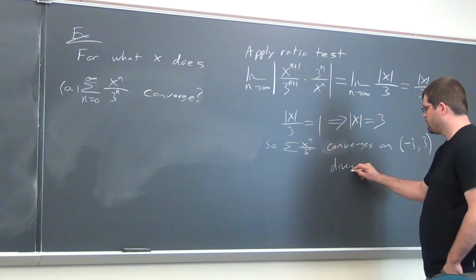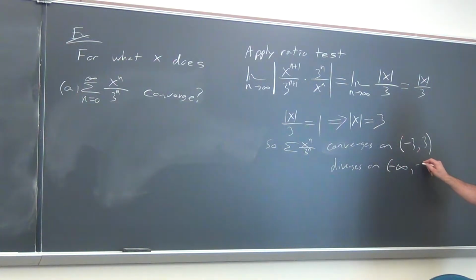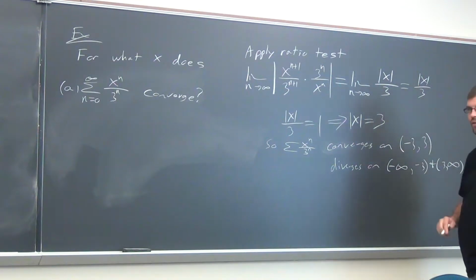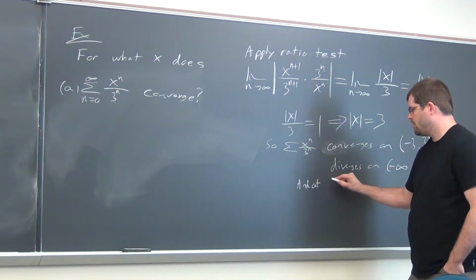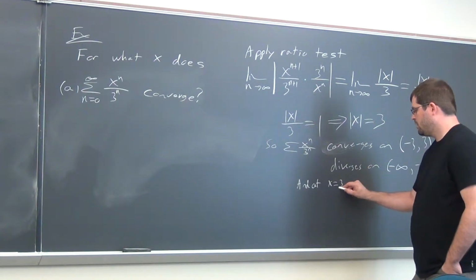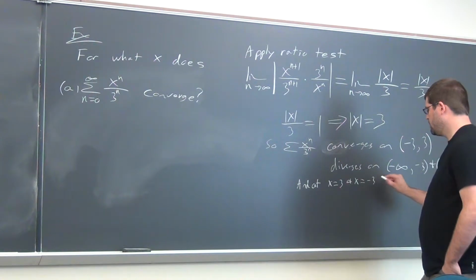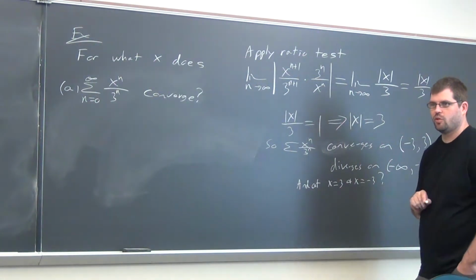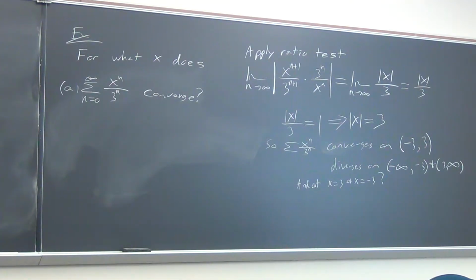It diverges on -infinity to -3 and 3 to infinity, and at x equals 3, x equals -3, we don't know, right? There's a question mark, that's where that test fails. That make sense? And so we're going to test those endpoints separately.